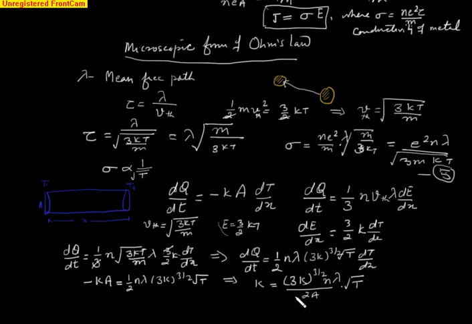And it shows that thermal conductivity is directly proportional to the square root of temperature. So this is one equation where we found that thermal conductivity is directly proportional to the square root of temperature, and in this equation we found that electrical conductivity is inversely proportional to the square root of the temperature.